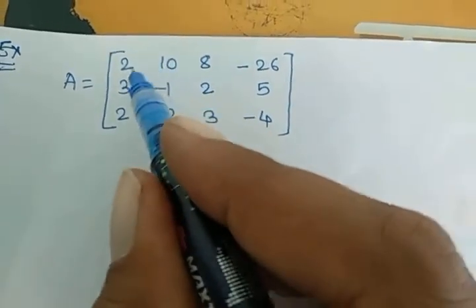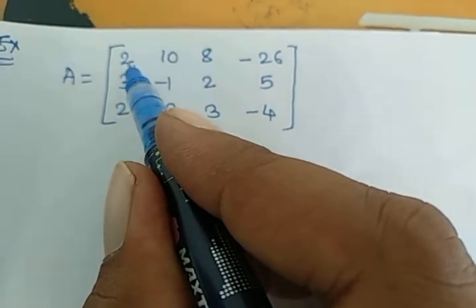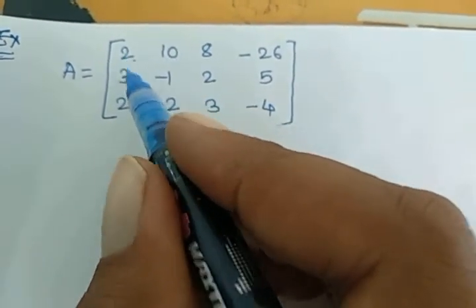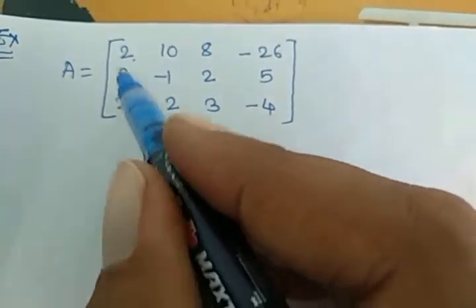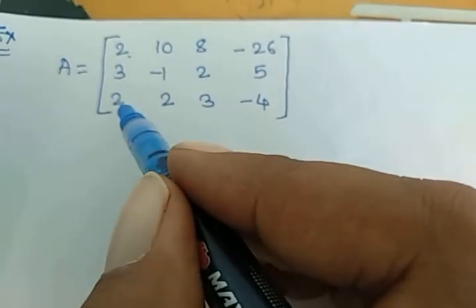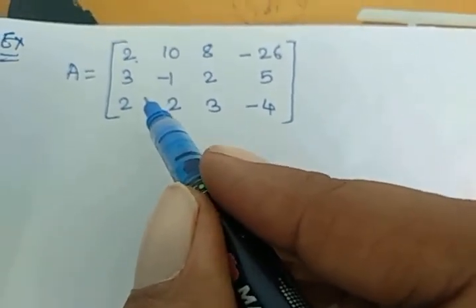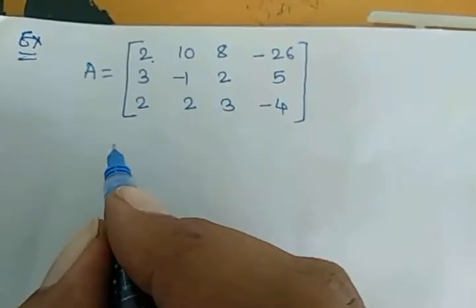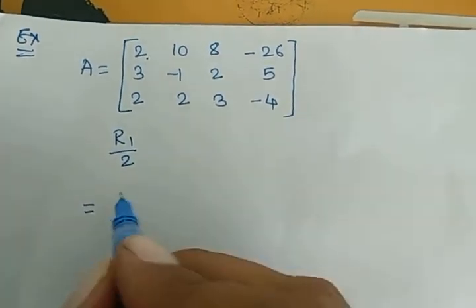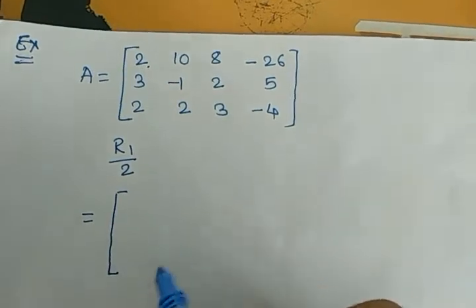Now we have to make here leading one, so divide the first row, or if there is a one in a below row, we interchange it and make A11 1. But there is no one in the below rows, so first we divide the first row, R1 divided by 2, so that we get leading one in A11 position.